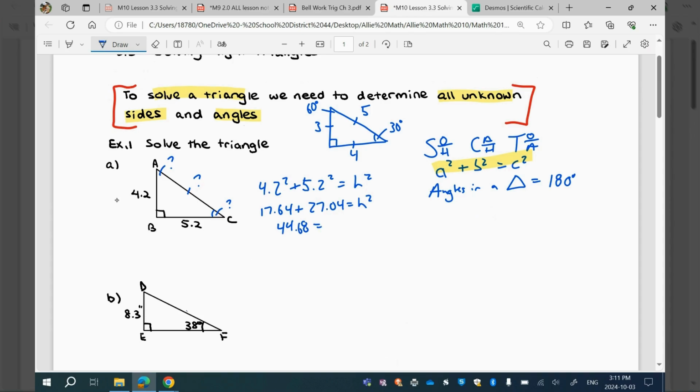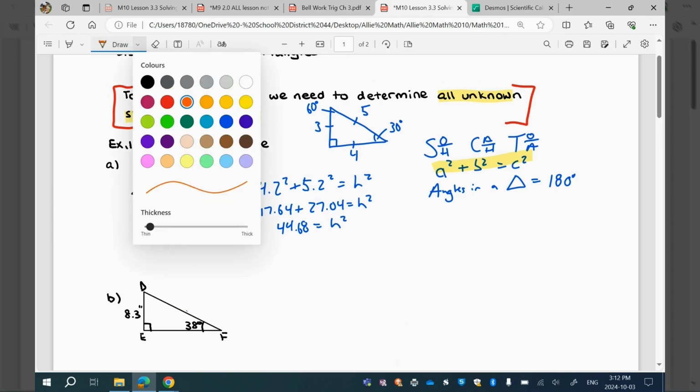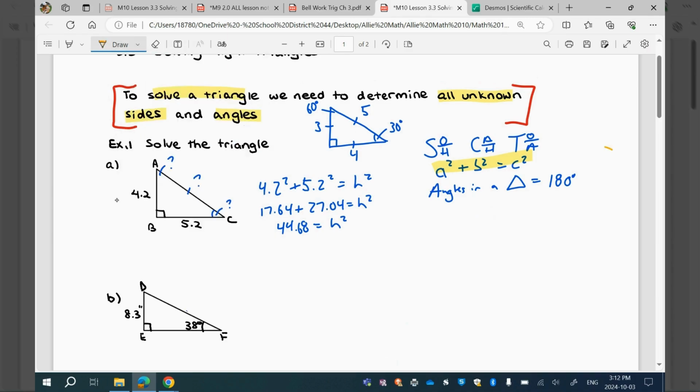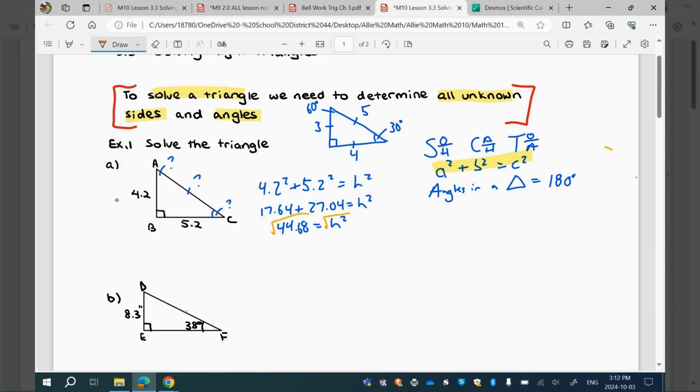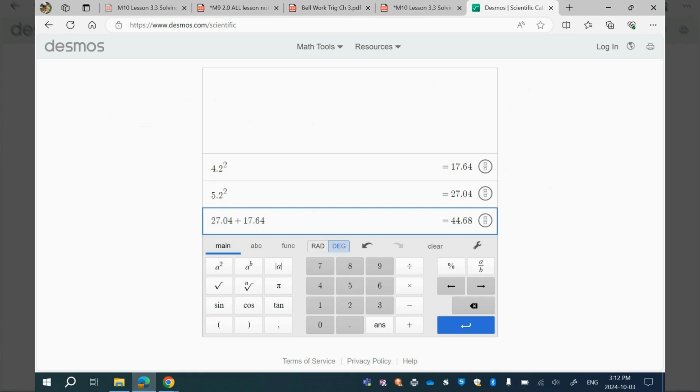So 44.68 equals h squared. And we want to find out what h is, not h squared, so we need to take the square root. Remember, squaring and the square root are inverse operations, so these are going to cancel each other out, and we'll be left with the square root of 44.68 is going to give us the hypotenuse.